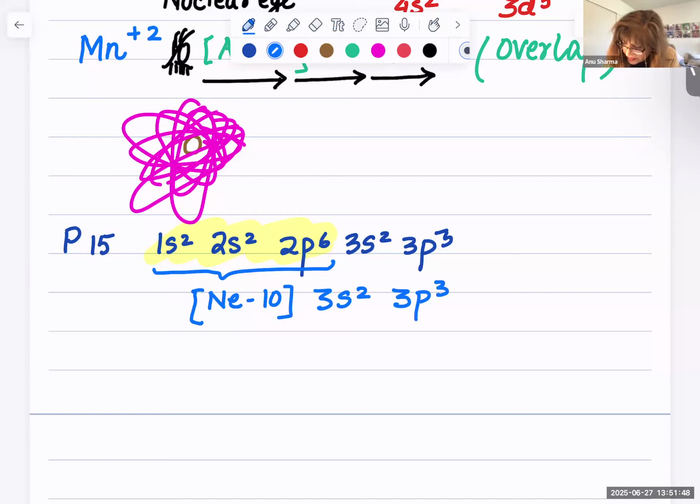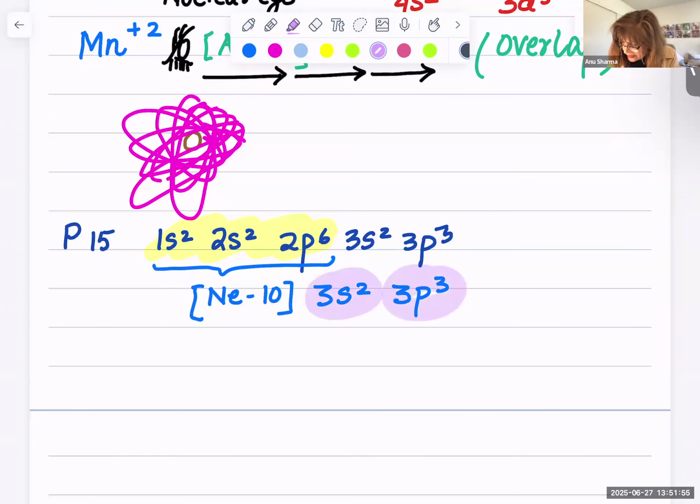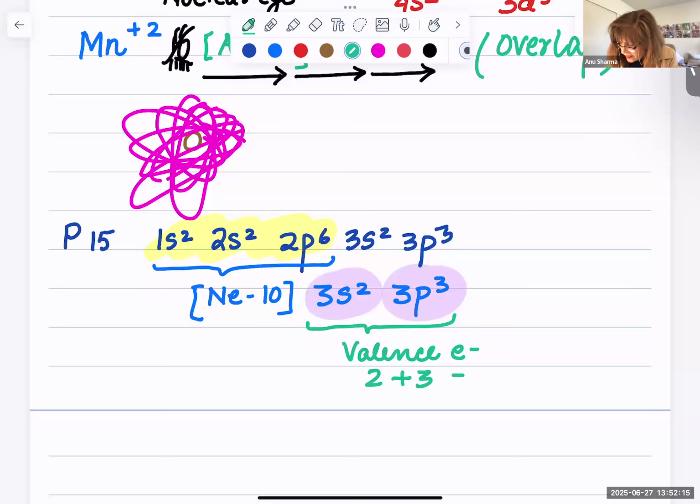These, the 3s2 and the 3p3, are the valence electrons. Valence electrons are those in the highest shell number, and all of them are counted. So the valence electrons are 2 plus 3, which is 5 electrons.